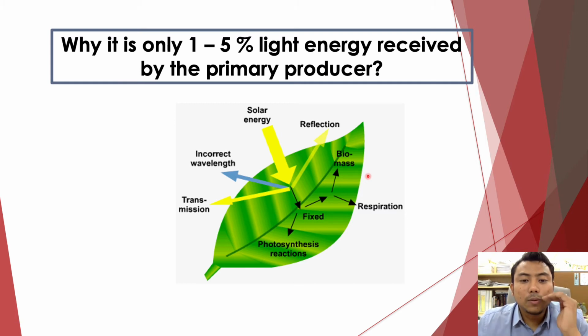Okay, so for the answer that you guys need to understand, kenapa hanya 1 until 5% only. Mostly the energy yang 95% itu, yang 99% itu is being reflected, is being transmitted lah, maknanya hanya melepasi dia sahaja, ataupun some of it is in incorrect wavelength. Okay.